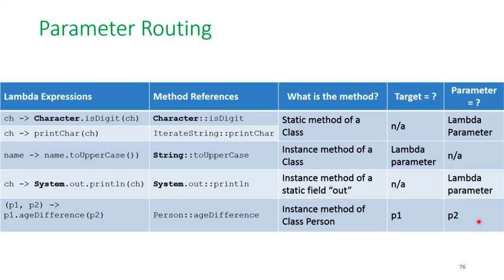So you're going to say, I expect a Predicate of String. That means your lambda is going to take one parameter, which is a string, and return a boolean. Or you say, I expect a Function of String and Integer. Okay, so you take a string, you return an integer. So if you want two parameters, you're going to say, I expect a BiFunction. BiFunction is actually one of the functional interfaces, okay?